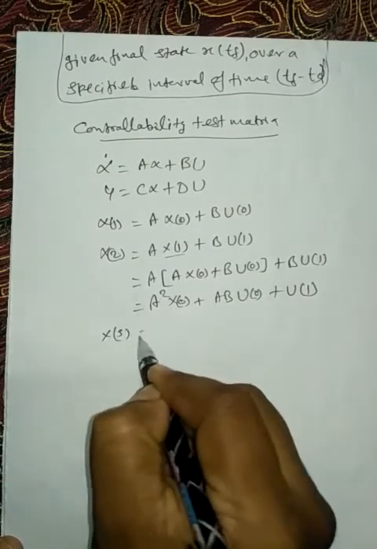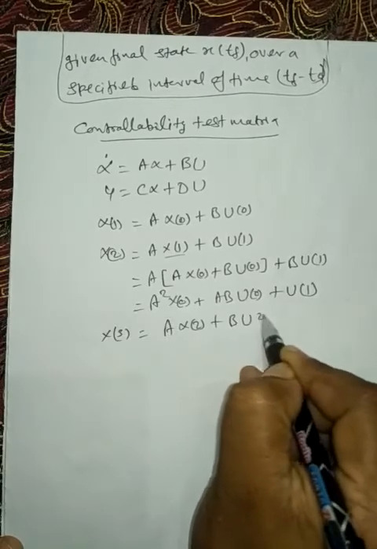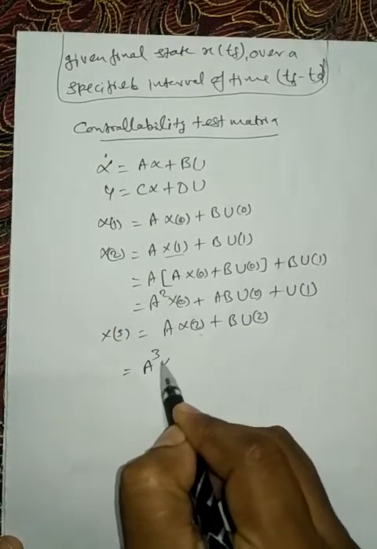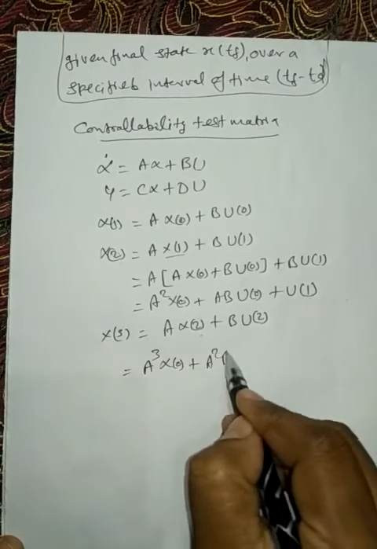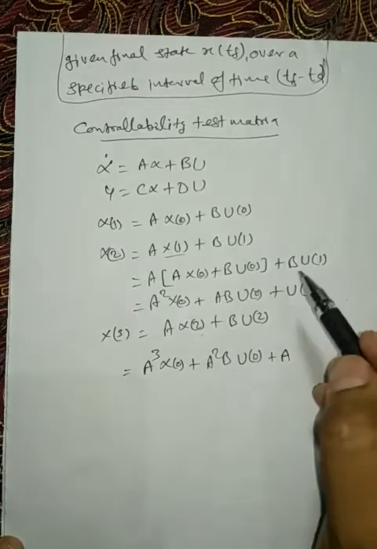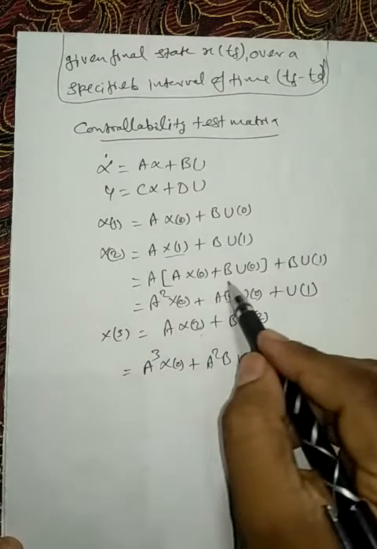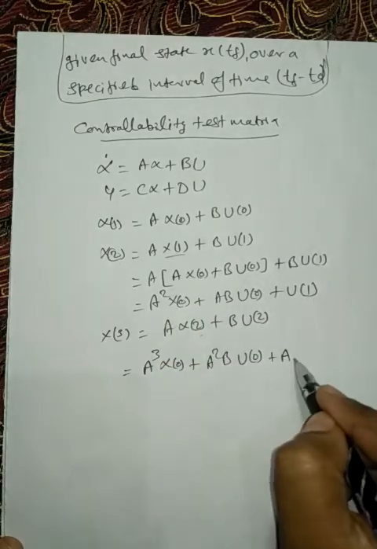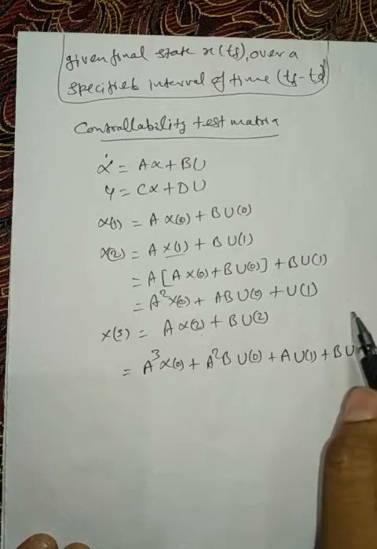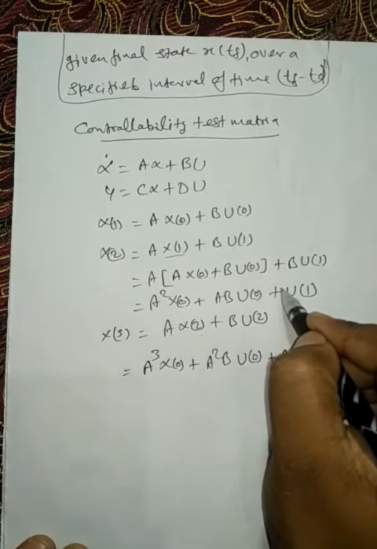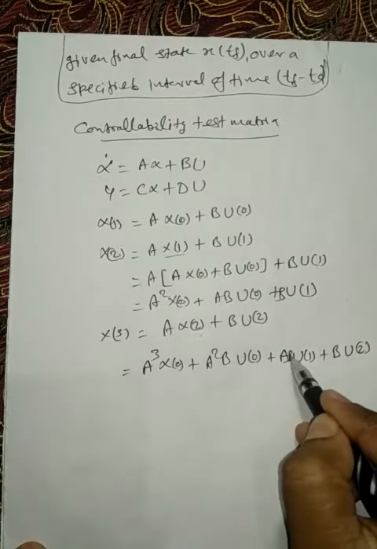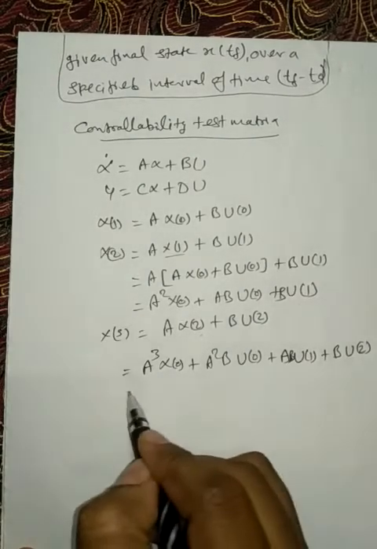x3 is a x2 plus b u2, and after replacing this value here we get a cube x naught plus a square b u naught plus a b u1 plus b u2, and so on.